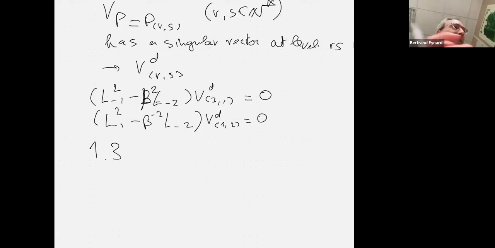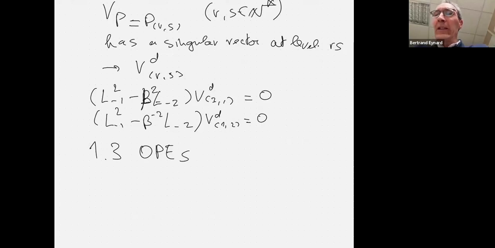Now the next topic is operator product expansions. I see another question. Could the charge be negative? If you mean the central charge, well, the central charge is any complex parameter now.